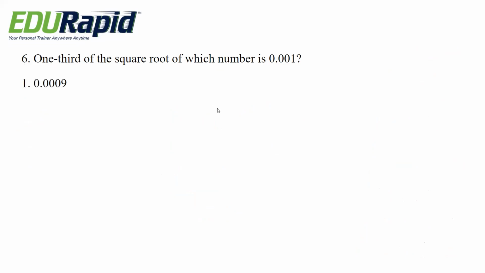Next question. 1/3 of the square root of which number is 0.001? Options are 0.0009, 0.501, 0.4 times 09, none of the above.